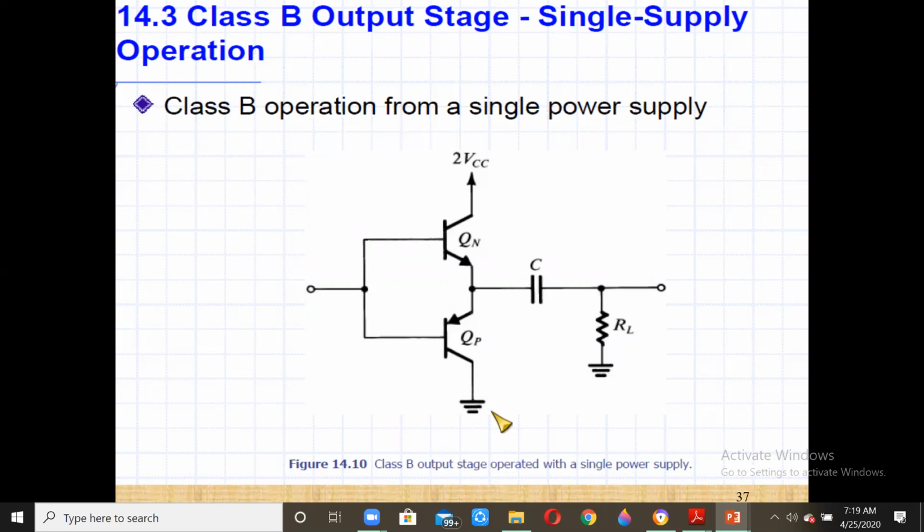In place of VCC and minus VCC, we can connect a single power supply here, which is 2 VCC, and this can be grounded, and then we can use here an RC load. So then this will be able to remove the DC component, whatever is there at the output side.